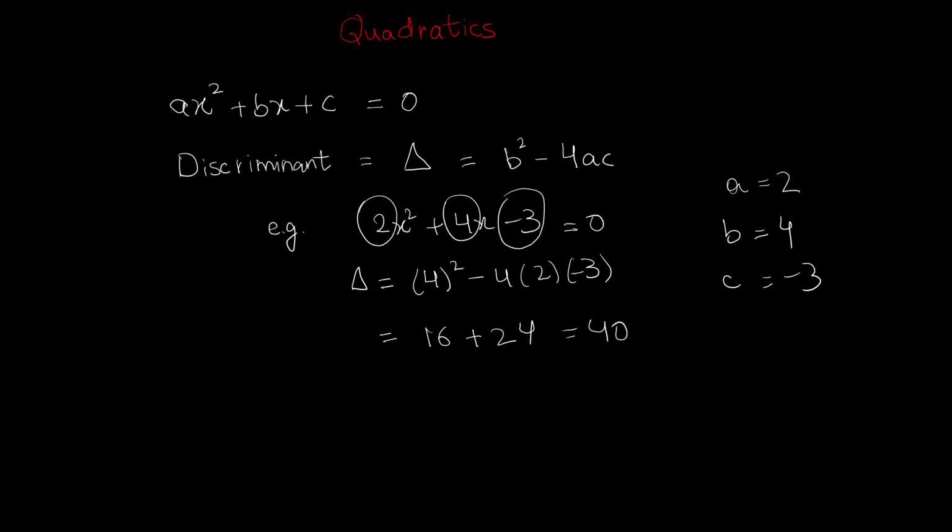Now, often the exam asks you to find if the roots are real, imaginary, if they are repeated or they are different. All of this can be achieved just by finding the discriminant.